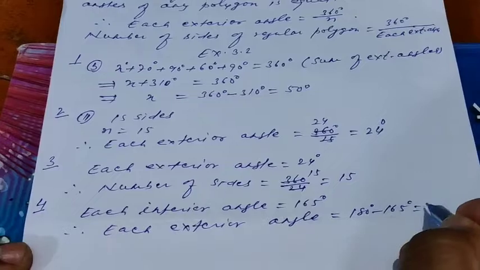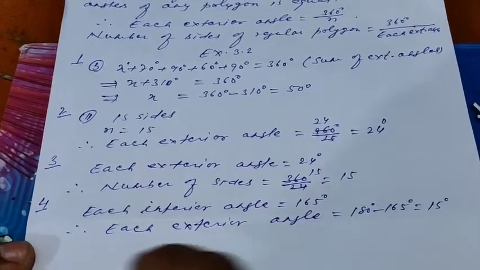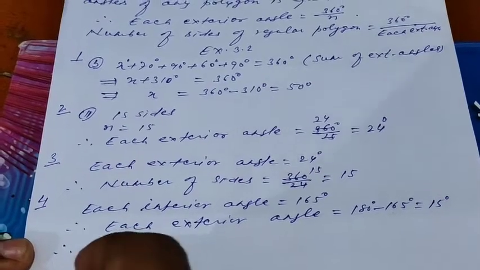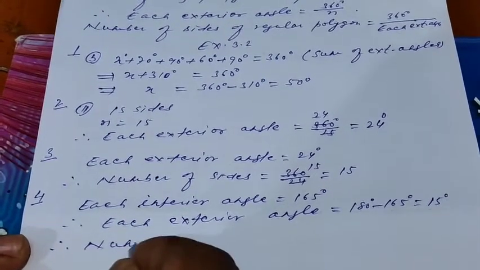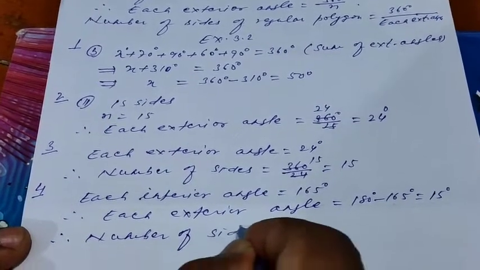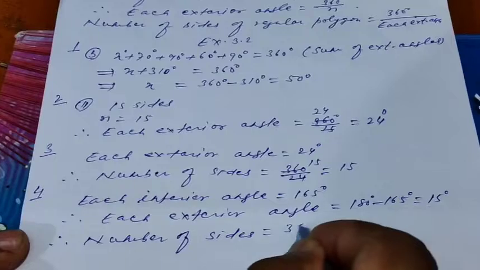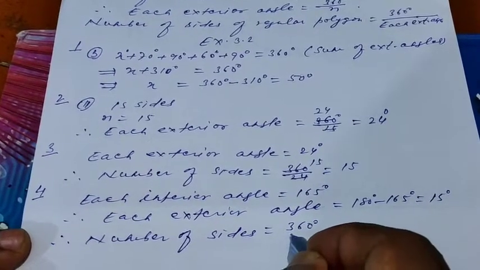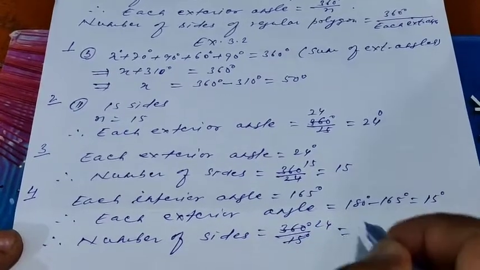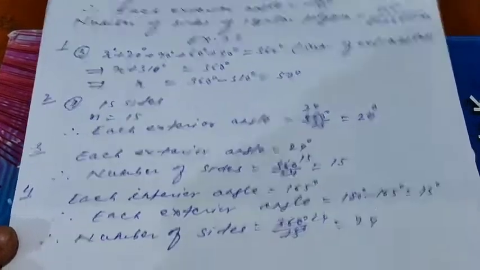This is equal to 15 degrees, and therefore number of sides is equal to 360 degrees by 15 degrees. Therefore number of sides is equal to 24.